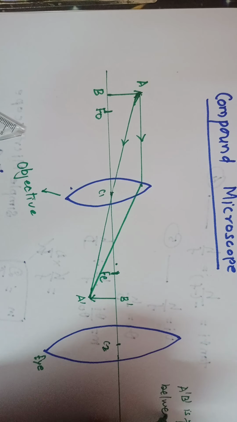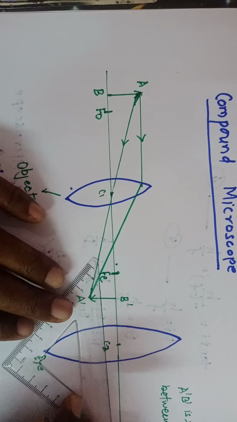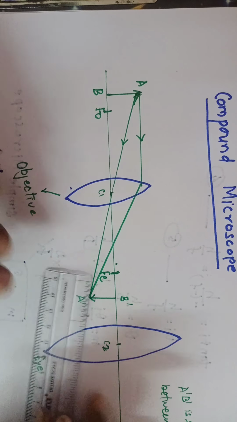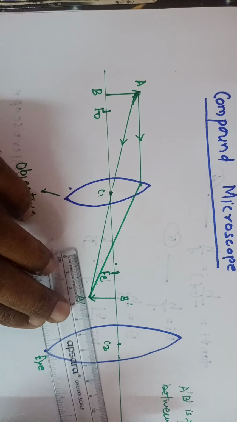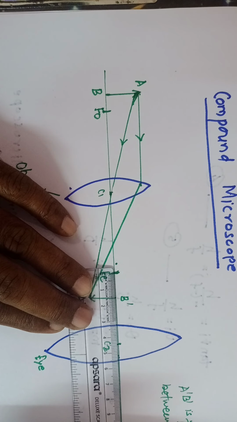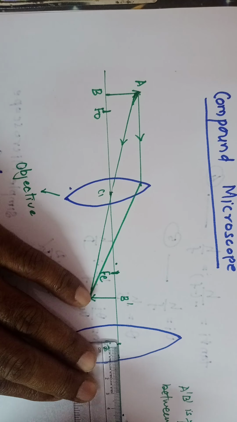Again, the ray will come here parallel to the principal axis. We can measure, this is the focal length, it is near about 4.5 centimeters. So this side also 4.5 centimeters. This will be the focal length.